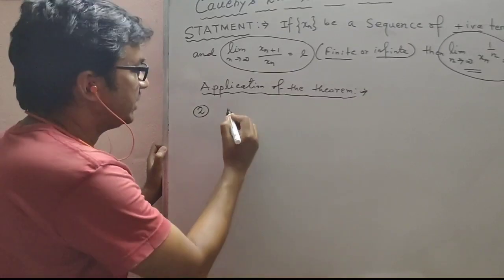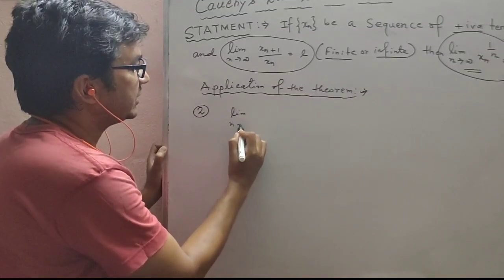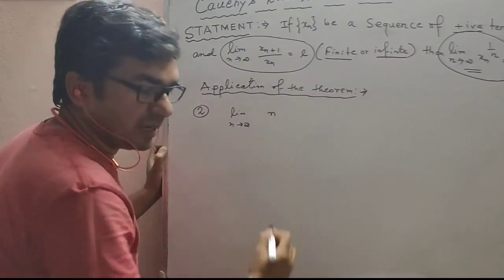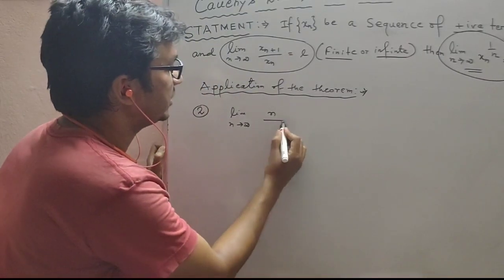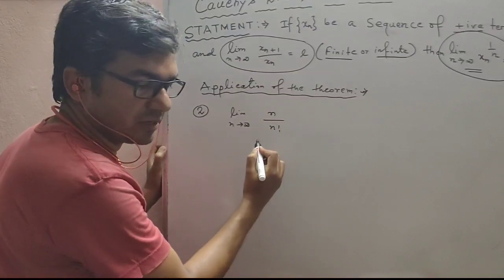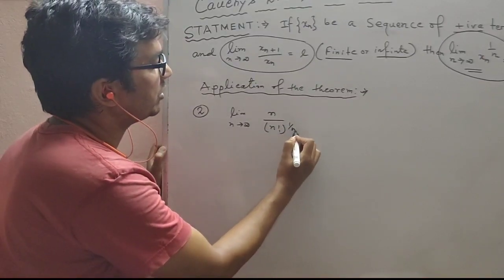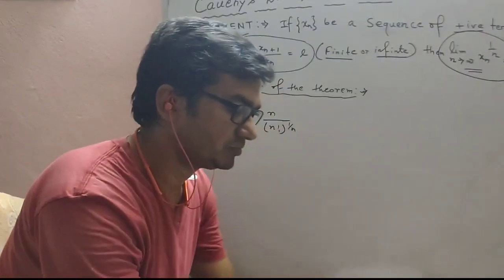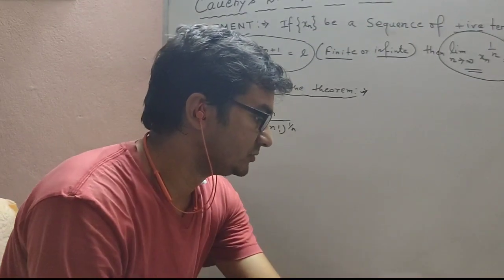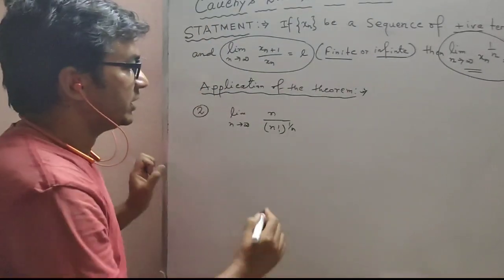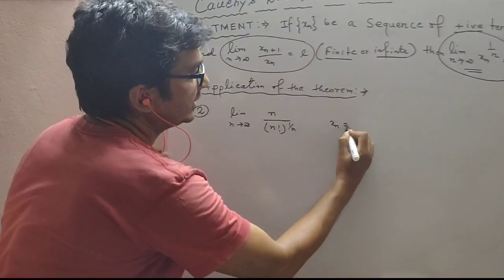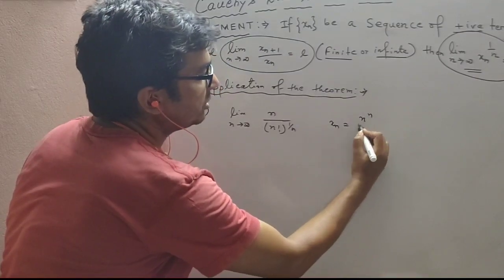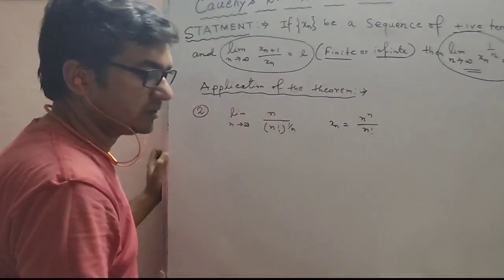Second application: limit n tends to infinity of n by (n factorial) whole to the power 1 by n. This is the second application. Here we take xn equal to n to the power n by n factorial.